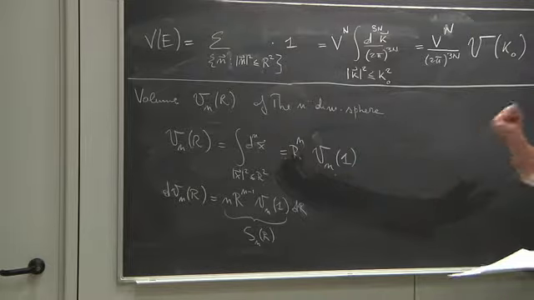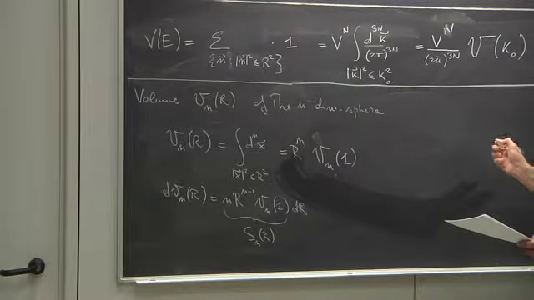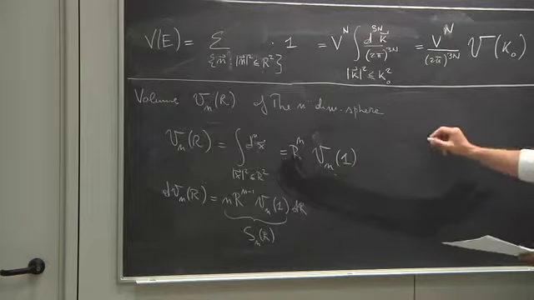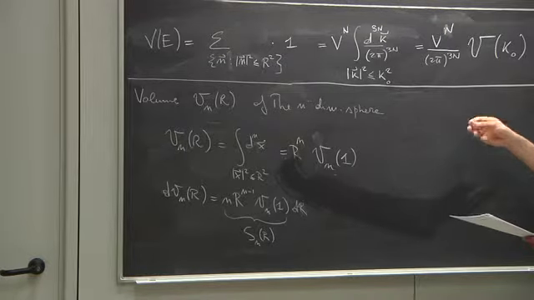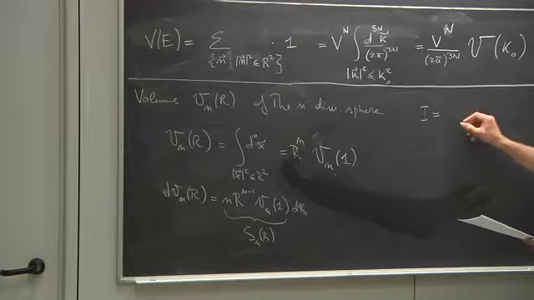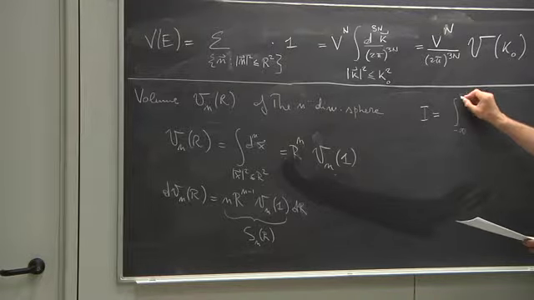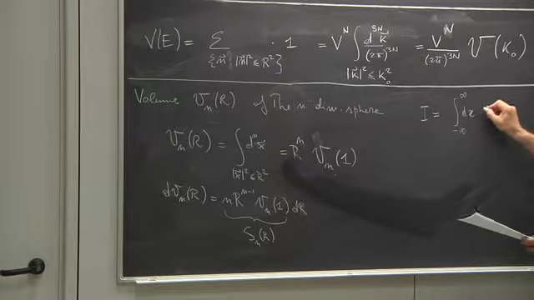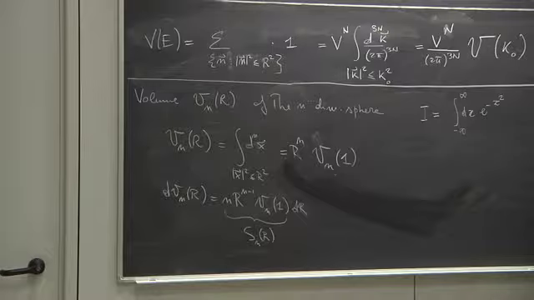So we compute these things by the following observation. The first thing is, let's compute this integral I, which is the integral from minus infinity to infinity of dx e to the minus x squared. So this looks like a completely unrelated problem, but it's useful.